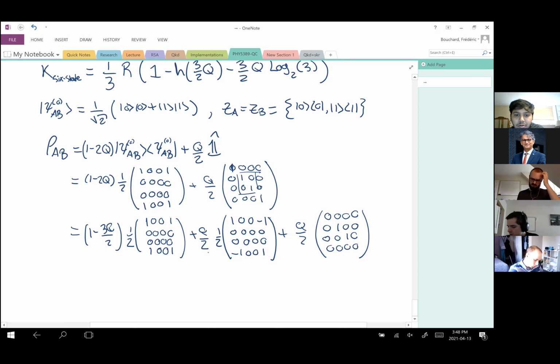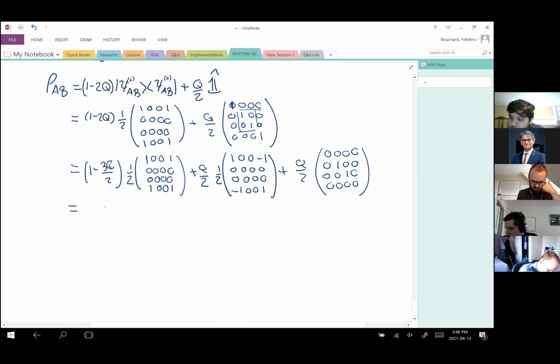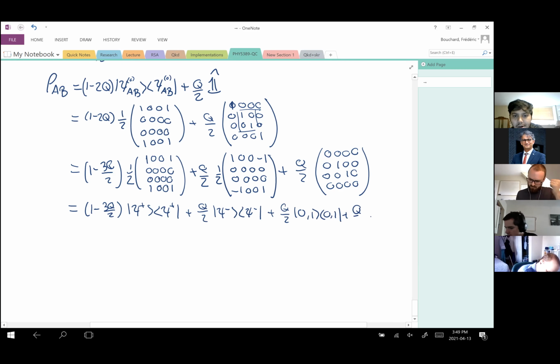So if you write these factors, if you calculate this out, you see that both of these lines are equal. But what we've really done now is that we wrote rho AB in a diagonal basis with psi plus and psi minus. This will be 0, 1, 1, 0. Okay.